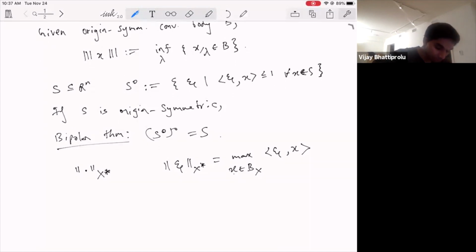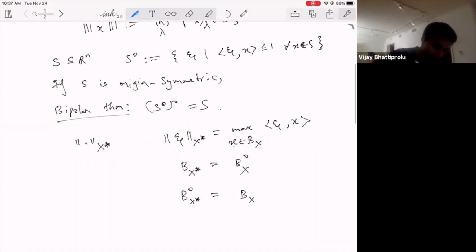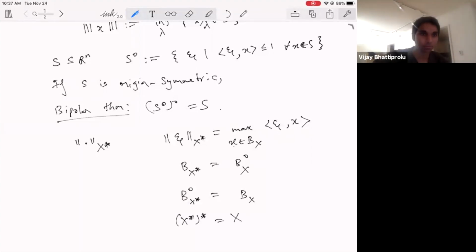Now, if we look at the unit ball of this X star norm, one can easily check that the unit ball of the X star norm is just the polar of the unit ball of X. And now by the bipolar theorem, applying it on both sides, we obtain that the polar of the dual unit ball is equal to the unit ball of X. So in particular, this implies that X star star is equal to X. So if I take the dual twice, I get back the same norm.